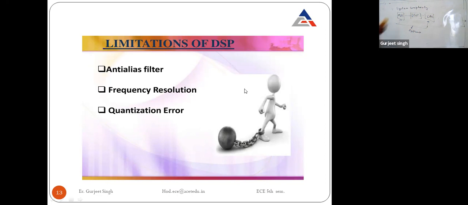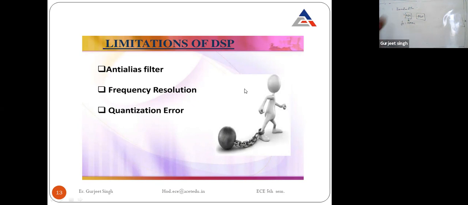The second drawback is the bandwidth problem. In the DSP processor, first of all we use this ADC. Suppose this ADC is working on a 16 megahertz sampling frequency.